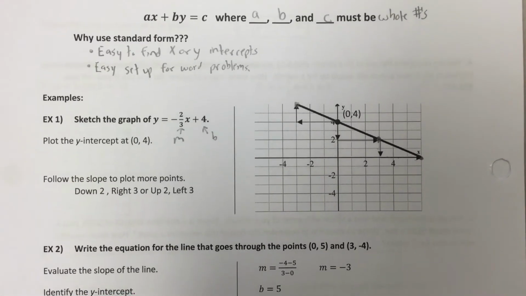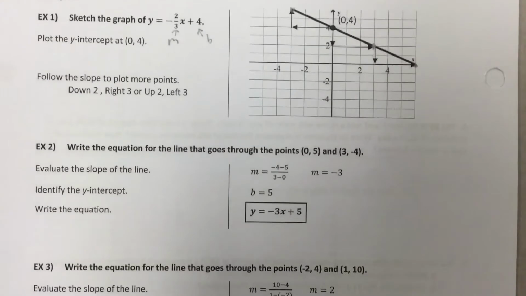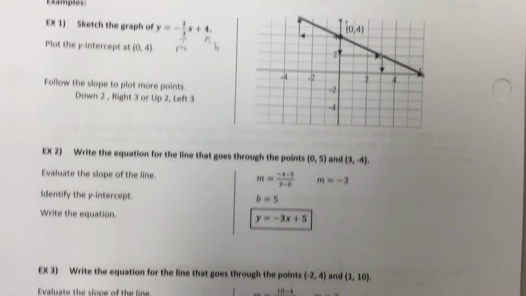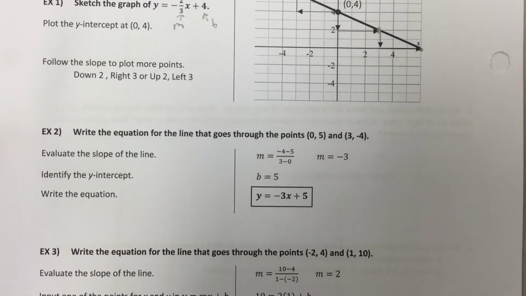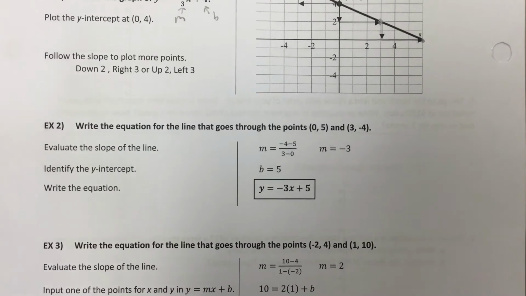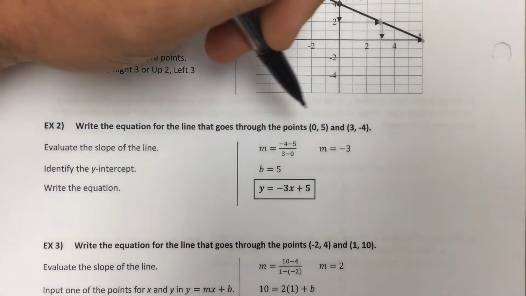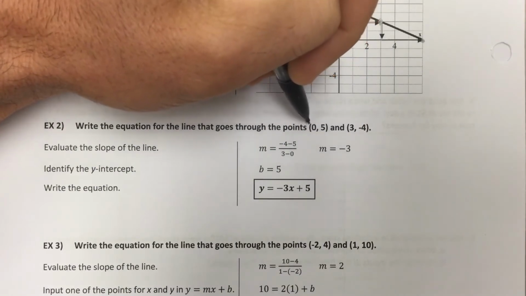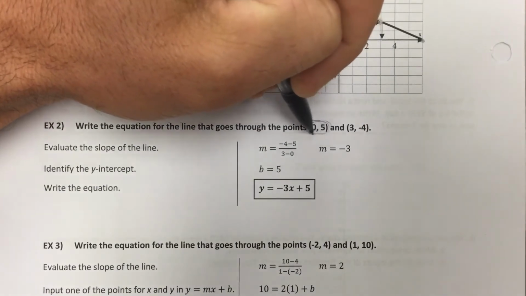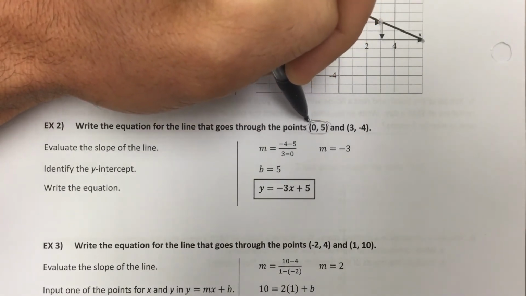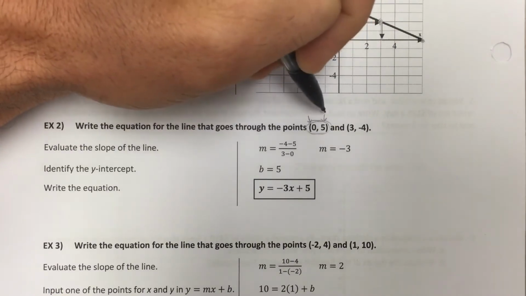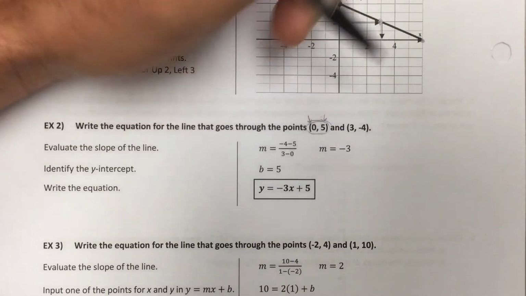As we go to example 2, example 2 is now saying write an equation of a line that goes through 2 points. So what we have to do for that is, this one, if you notice, it gives us 0, 5. And if we notice that the x value is 0, we should know that, oh yeah, the 5 is your b based off that.